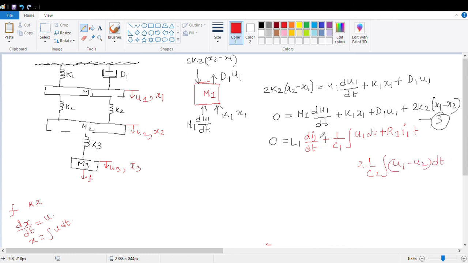So this will be the third electrical analogous equation. By writing these three equations, I will let you know how to draw the electrical circuit in the next video. Thank you.